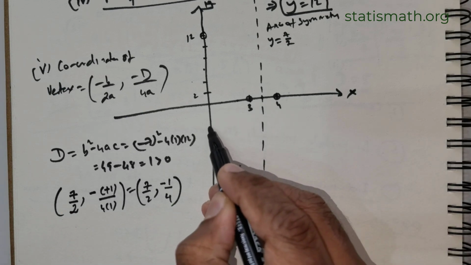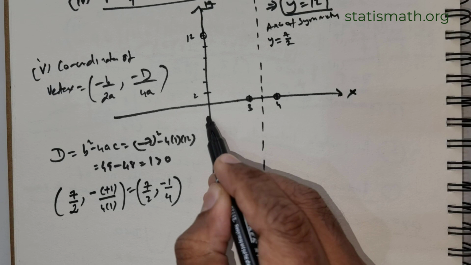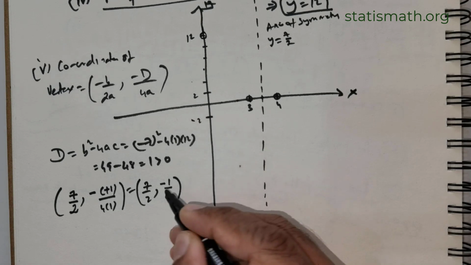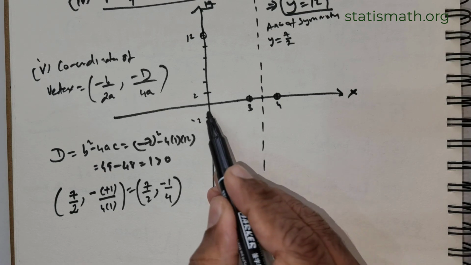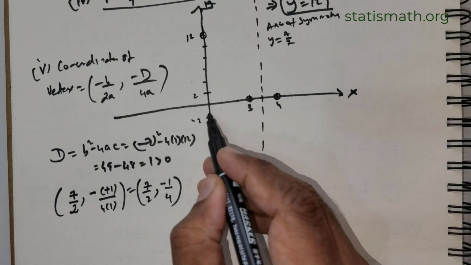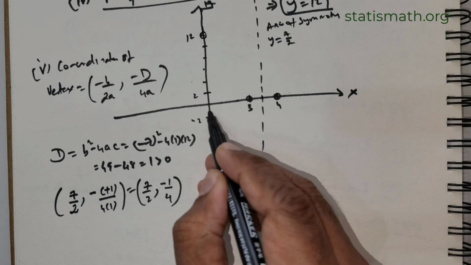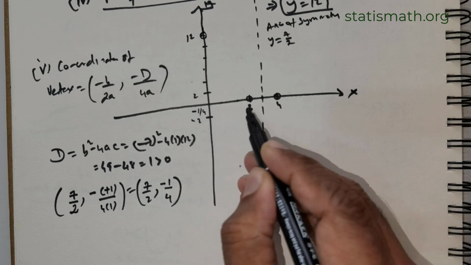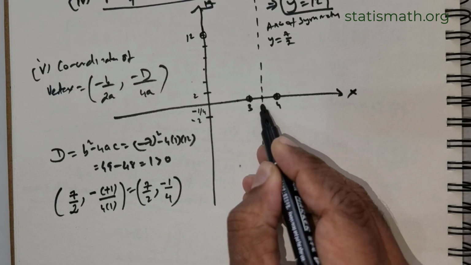If I take each of these entries as 2, this is going to be negative 2 here. Negative 1 over 4 would be somewhere over here, so 0.25, right? So if this entire segment is 2, approximately you can have this as negative 1 over 4. It's not to scale, just to show you.